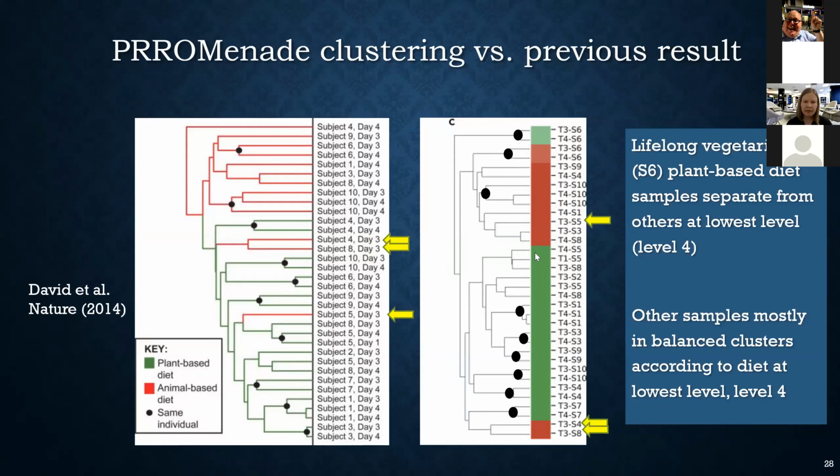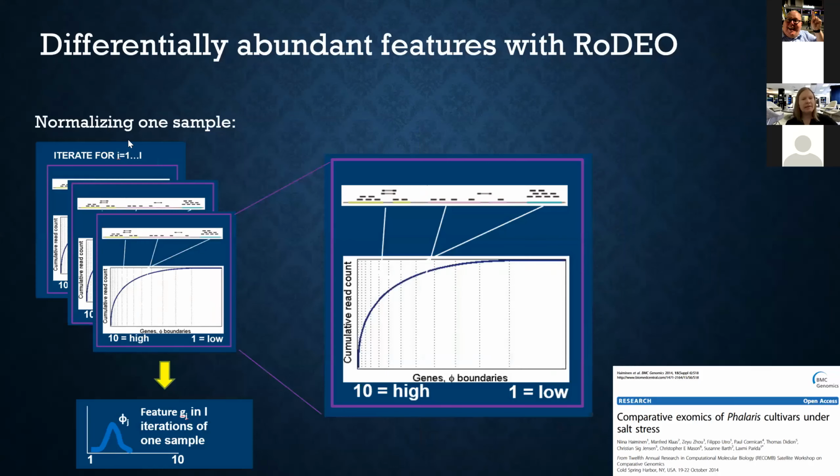And it is also nice to see that they are in balanced clusters. So the greens go together and the red goes together. It's not a nested clustering, it's a balanced 2 main groups of the clustering. And then I'll tell you how we took these profiles and looked at the differentially abundant features.